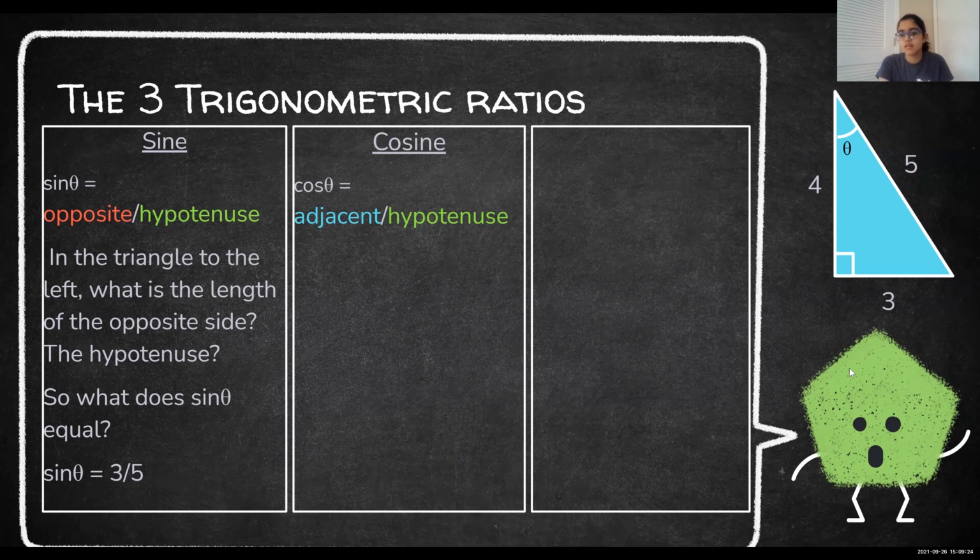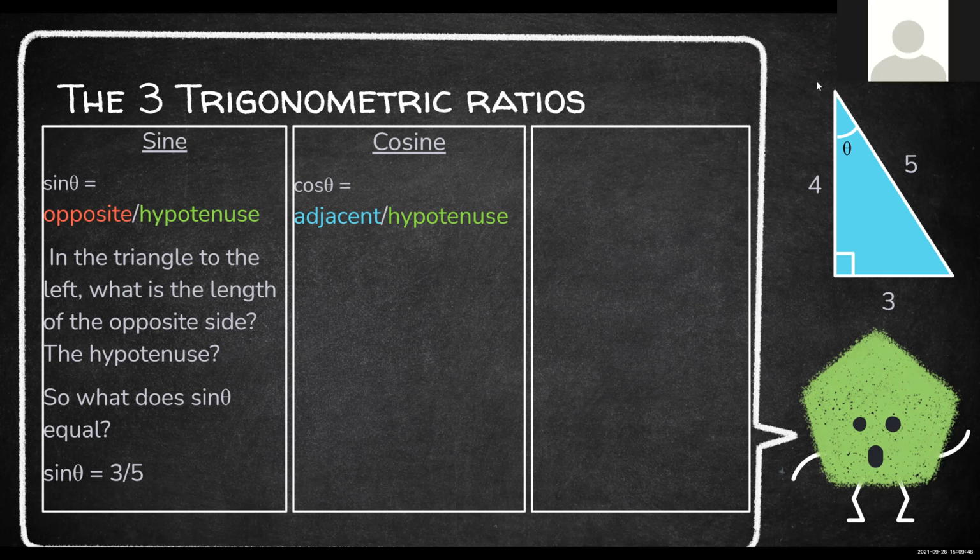Given that cosine is the leg adjacent to the angle divided by hypotenuse, what is cosine of this angle? So it'd be 4/5. I'm kind of confused. I don't understand why it is 4/5.